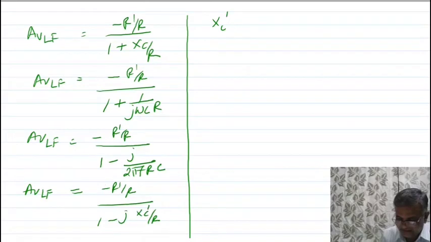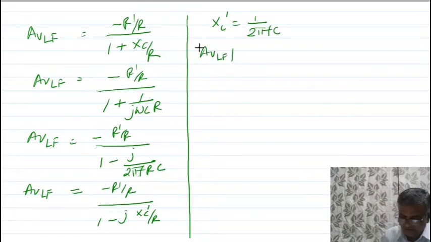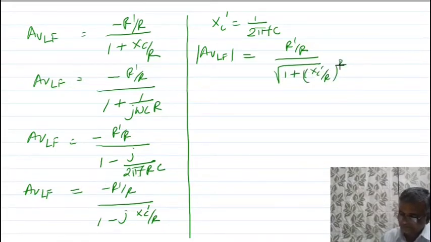Let me write Xc dash is 1 upon 2 pi F C. So if I take its magnitude, then I can write this value is nothing but the square root of 1 plus (Xc dash by R) whole square.